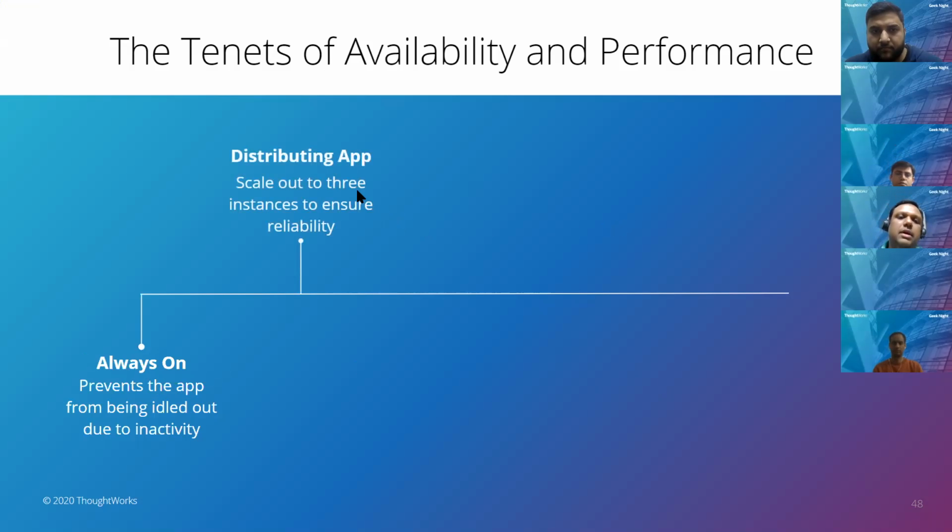Moving on, it is also recommended to scale the app service to have at least a minimum of 3 instances. But the question comes, why 3 instances, right? Whenever we scale an app service to 3 instances, Azure will make sure that these 3 instances are connected to 3 different physical and logical domains, typically networks. How does that help?